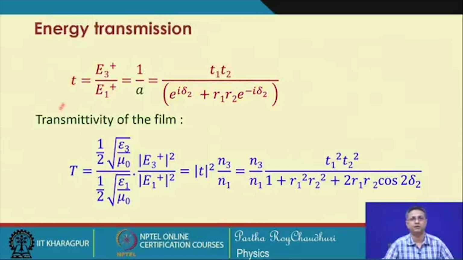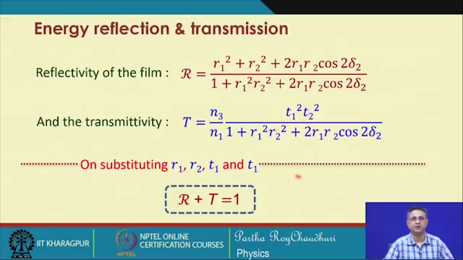and similarly for the transmitted wave we can also calculate the transmittivity using the same principle, that 1 upon A, if I take the mod of that, t square will appear, but because it involves two layers, that is E1 and E3, this will come with the coefficient n3 upon n1 and this will give me this expression.